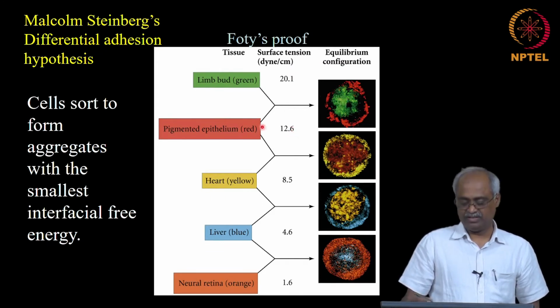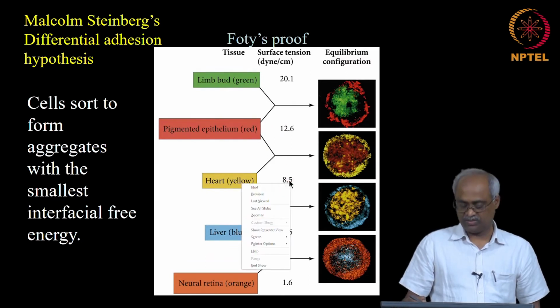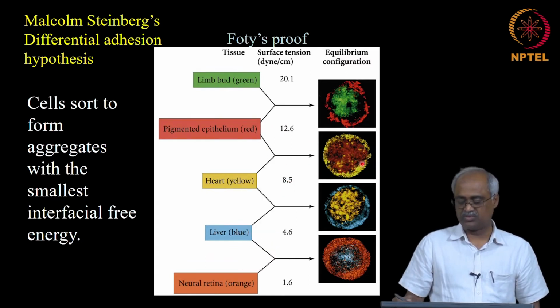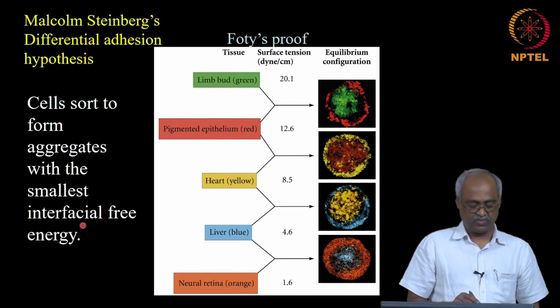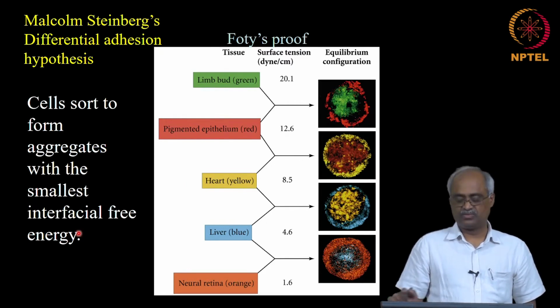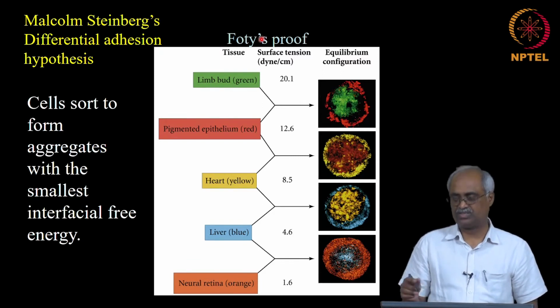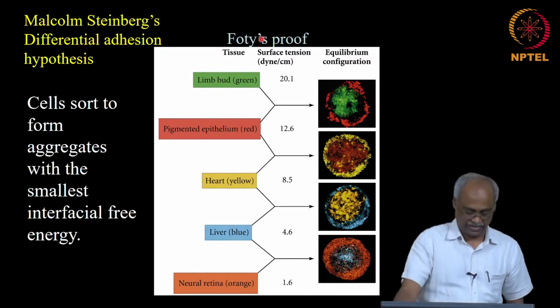In the next, between this red and this yellow, the yellow has the lower surface tension, so as a result that goes outside, and so on to the next two pairs as well. So, cells sought to form aggregates with the smallest interfacial free energy. So, this is one of his students, he measured and showed this is what happens.